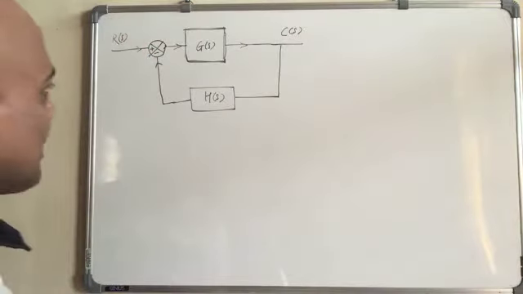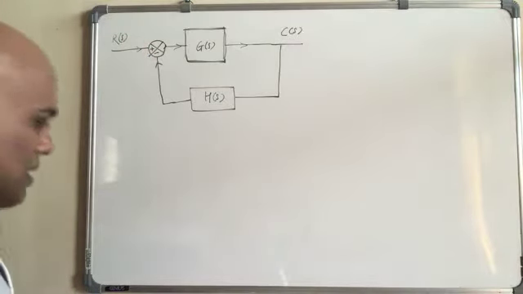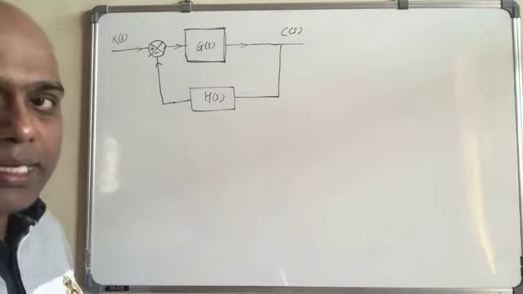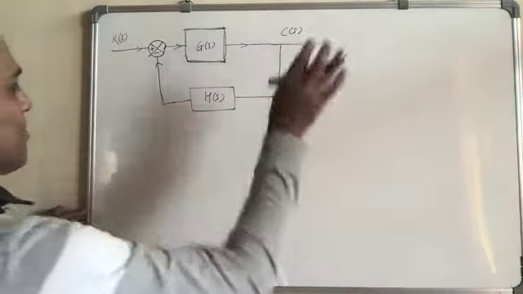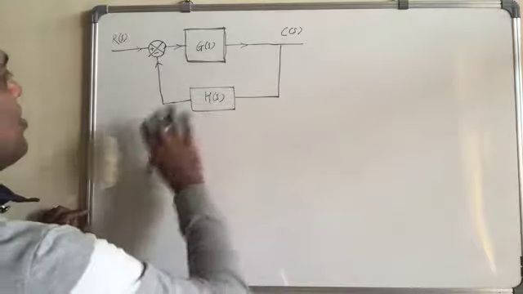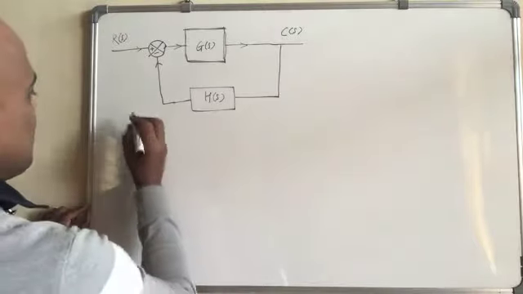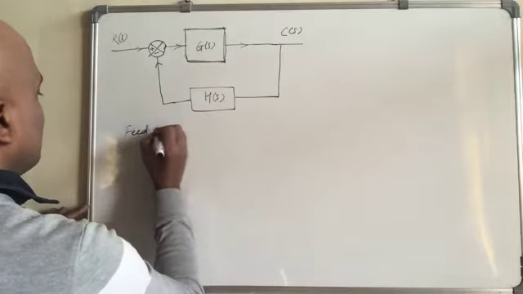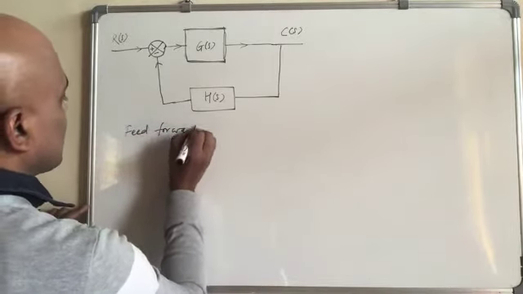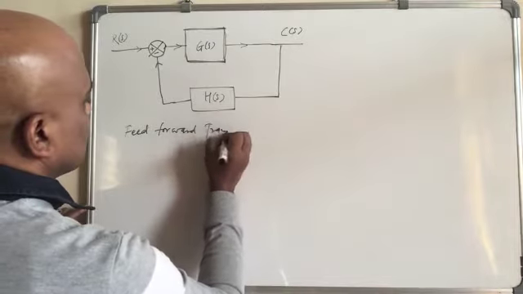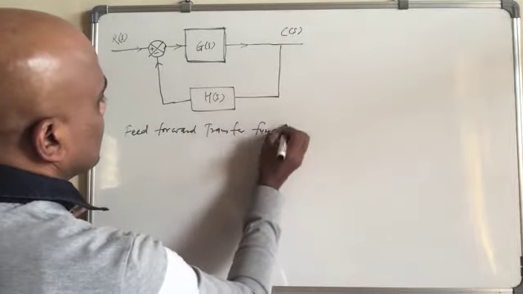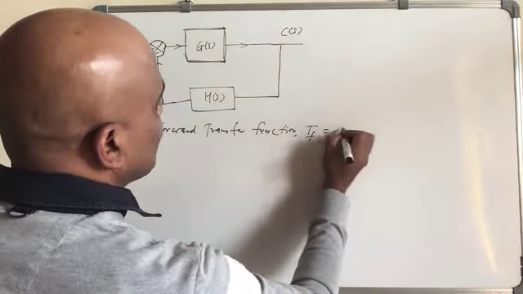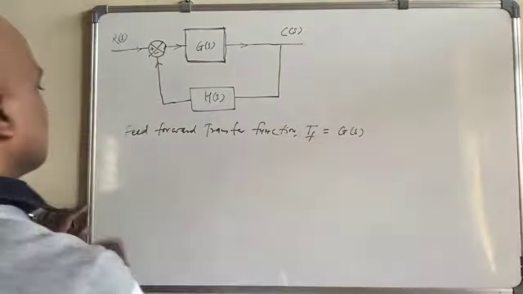Okay, just to repeat, in case there is still some confusion regarding the feed forward transfer function or open loop transfer function, I am going to write it again. The feed forward transfer function we will write as TF, equal to G(s).